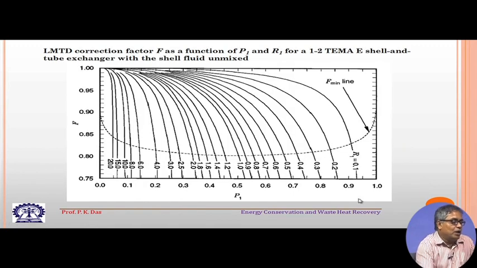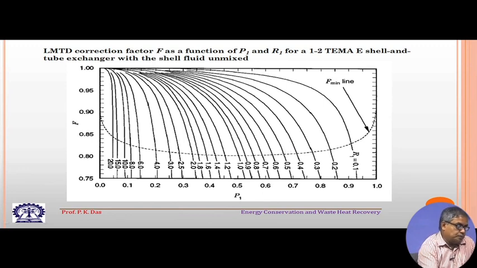Then you see we have P 1 plotted like this, and these curves are for different values of R 1. With our respective values of P and R, we can get a value of F from this figure, and then we pick up that F value for our calculation.